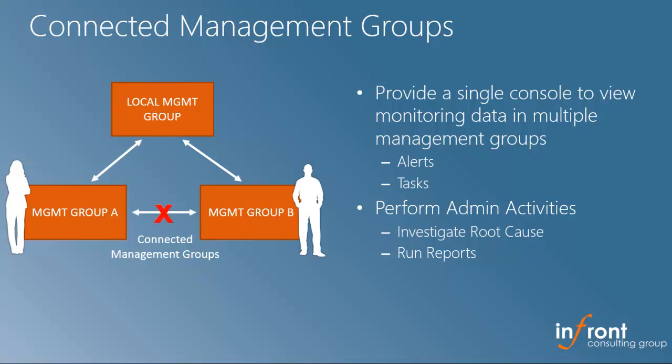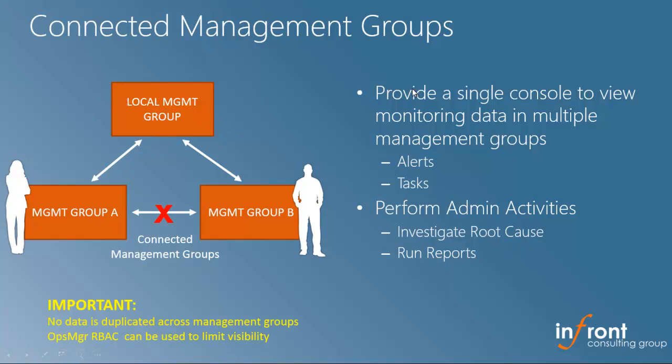Number one, if we were to use a dedicated local management group as I have pictured here, users from management group A and management group B would have no visibility into one another's data from their own consoles. The only people who will see the monitoring data from both groups will be those who are viewing a console in what we call the local management group.